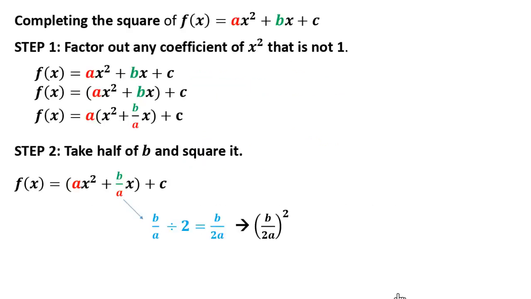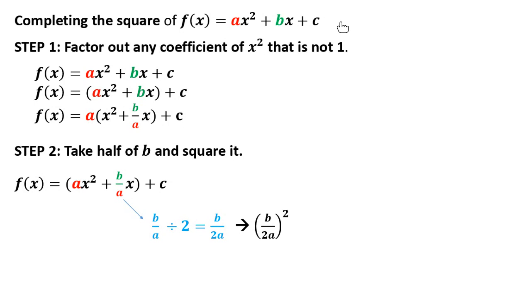So here, if we have this function, again in general form, ax squared plus bx plus c, and I don't remember the formula to find the vertex, what we can do is use some of our factoring techniques to convert it from general form to standard form. The way we do that is by following these steps.